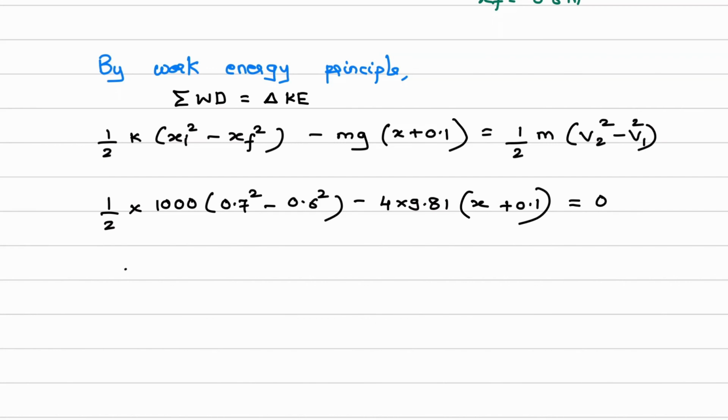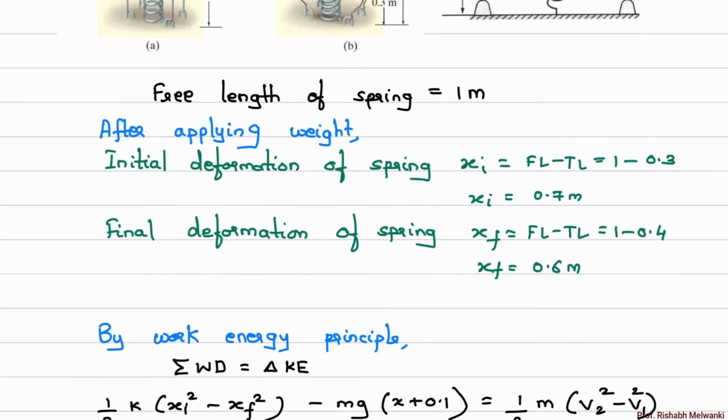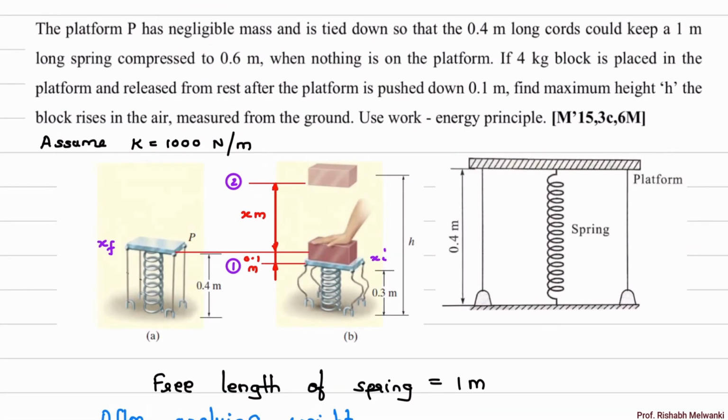I can calculate x. So x is equal to 1.5564 meter. Now what have we calculated here? We have calculated this distance. Okay, from bottom, if you consider 0.4 meter height, from this point to this point 2, we have calculated this x. What is that value? X is equal to 1.5564 meter.